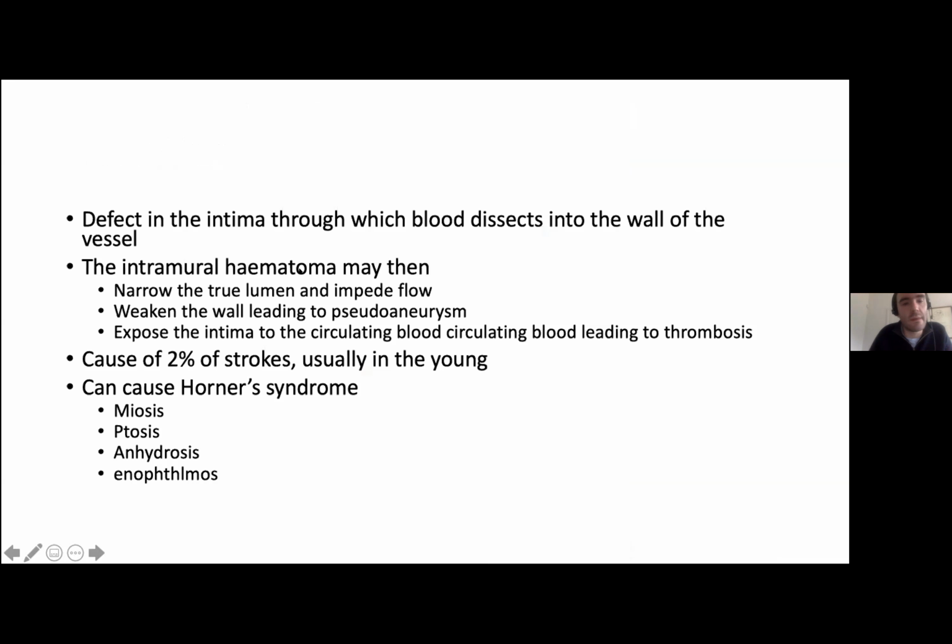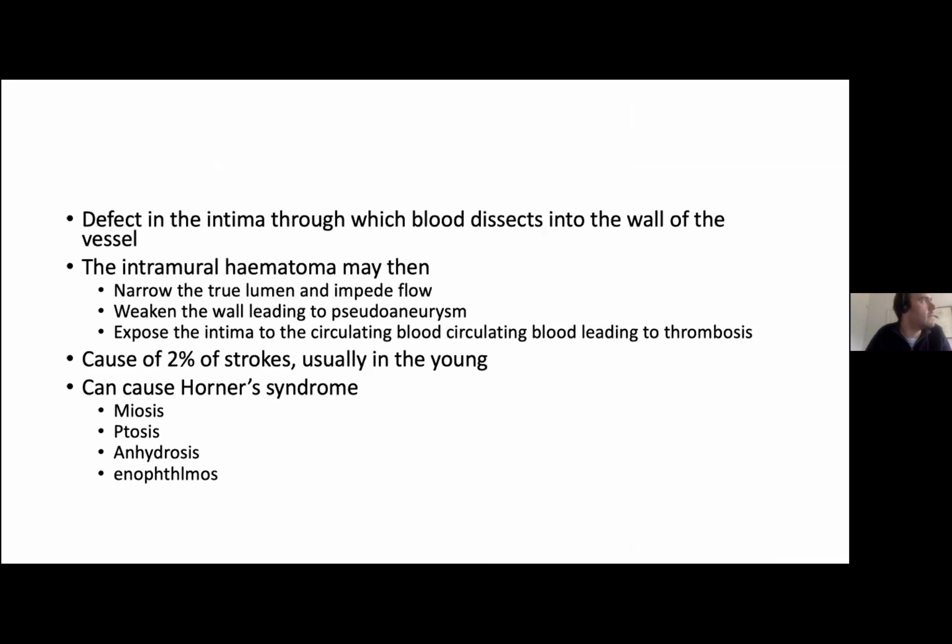So I've just spoken about all this. In this part, I was going to focus on dissection of the carotids or the vertebrals. It's an uncommon cause of stroke. Only 2% of strokes are caused by dissections. It's usually younger patients.